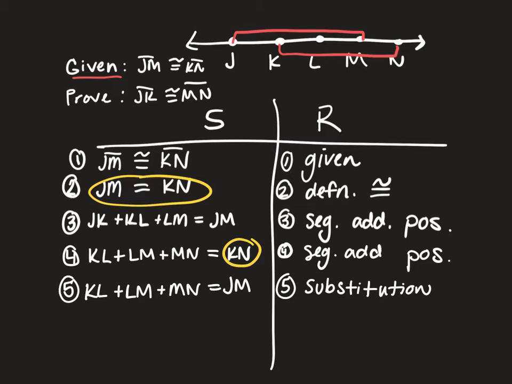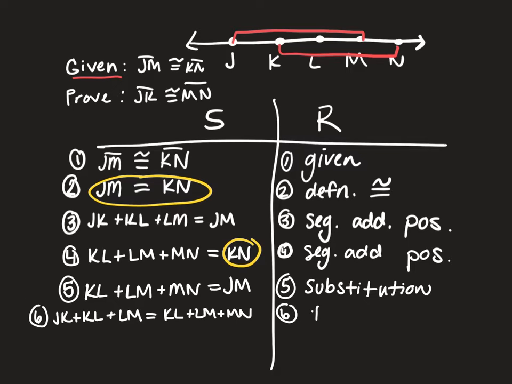And now, since in lines 3 and 5, they're both equal to the same thing, we can use what property? Transitive, right? So we can set those things equal to each other. So we have JK plus KL plus LM is equal to KL plus LM plus MN.